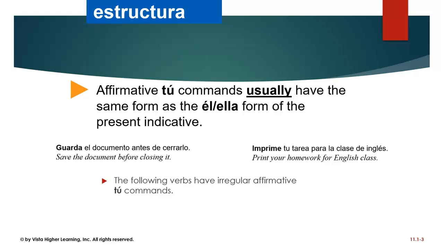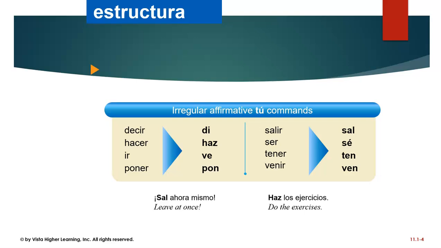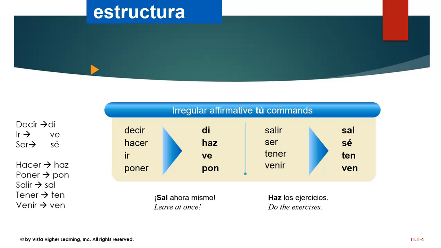As always, you should know by now, we have irregular things that happen. Okay? So here are some verbs that are irregular in the affirmative or positive commands. Okay? Verbs like decir, hacer, ir, poner, salir, tener, ser, and venir. These are all irregular. I like to group things, so the verbs that change into only two letters are decir, ir, and ser: di, ve, and se.